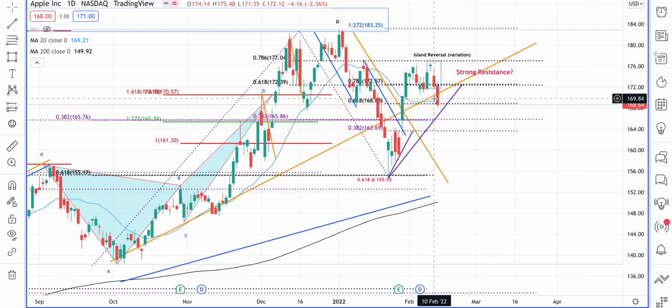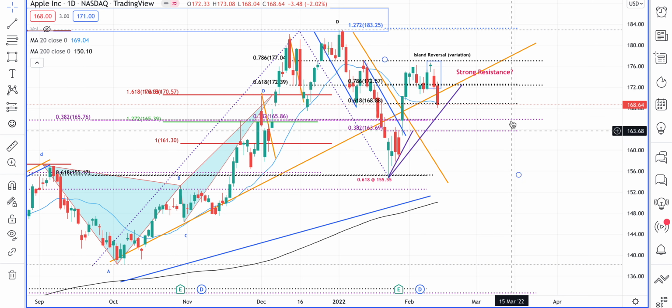So that was last Thursday, and of course on Friday it took the lows out of February the 4th.